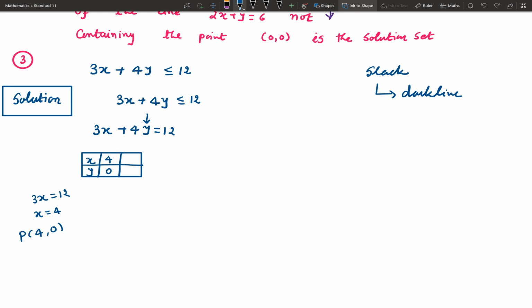Similarly, now we select a point from the y-axis, whose x coordinate is 0. Putting x equal to 0, we get 4y equal to 12, so y will be 3. Another point of the line is Q (0, 3). These are two distinct points of the line.